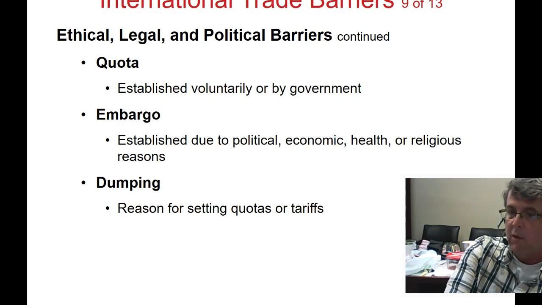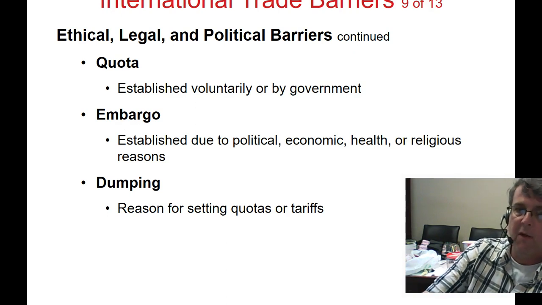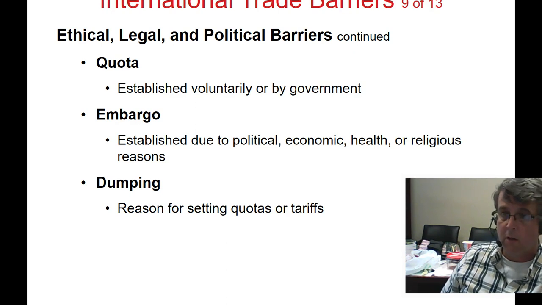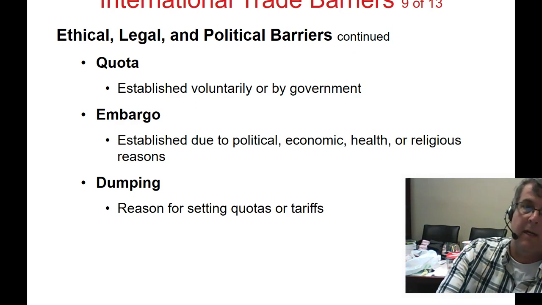We had quotas on foreign cars here many years ago. The government said only a certain number of Japanese cars can be brought in. Embargoes are established due to political, economic, health, or religious reasons. We've had an over 50-year embargo on trade with Cuba over political reasons because their country was communist.